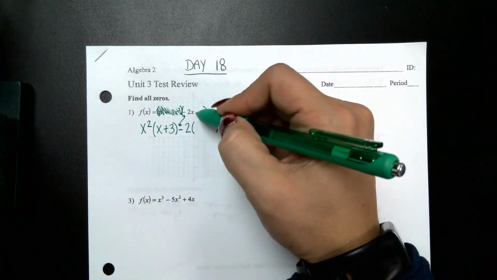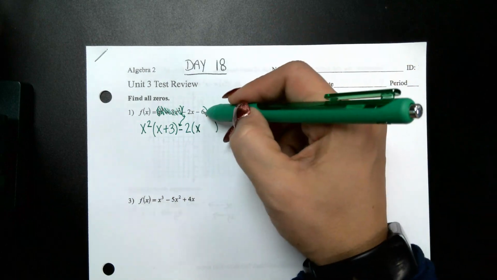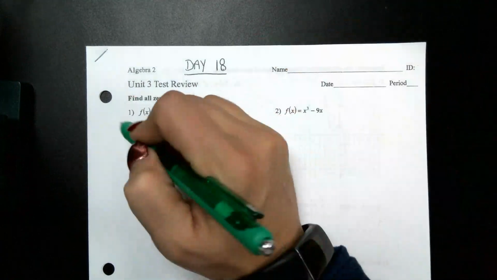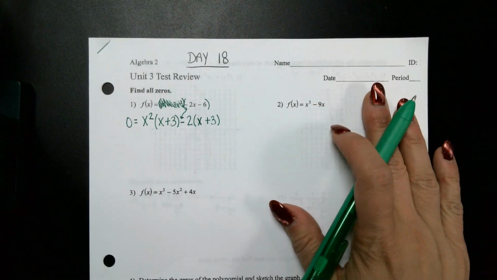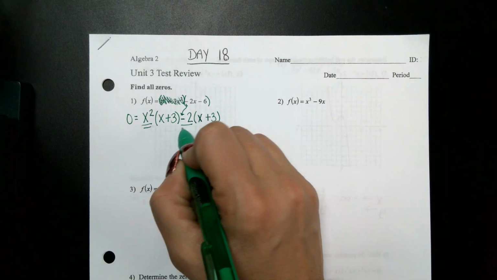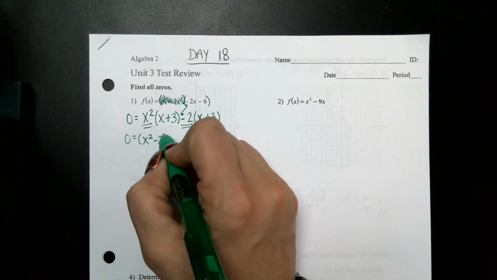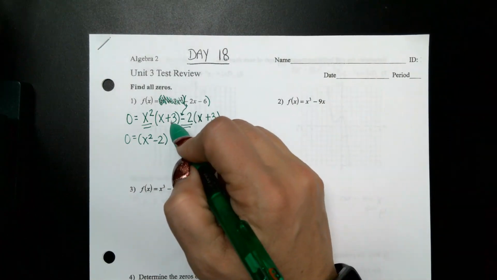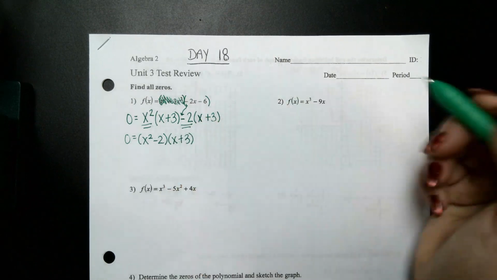So -2x divided by -2 gives us x, and -6 divided by -2 gives us positive 3.